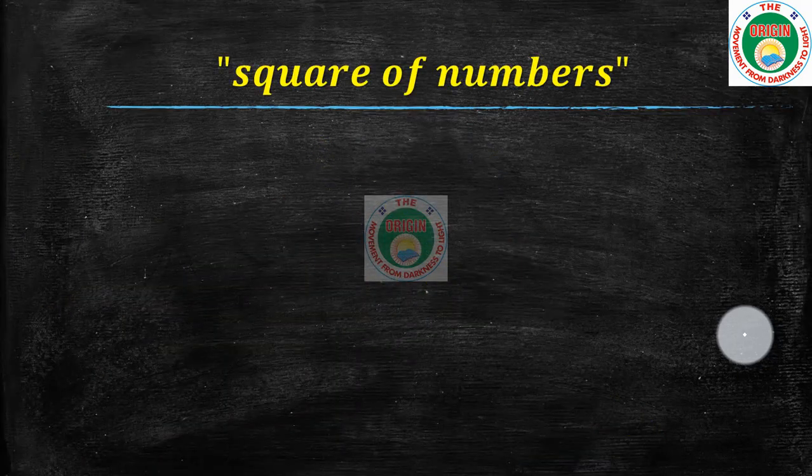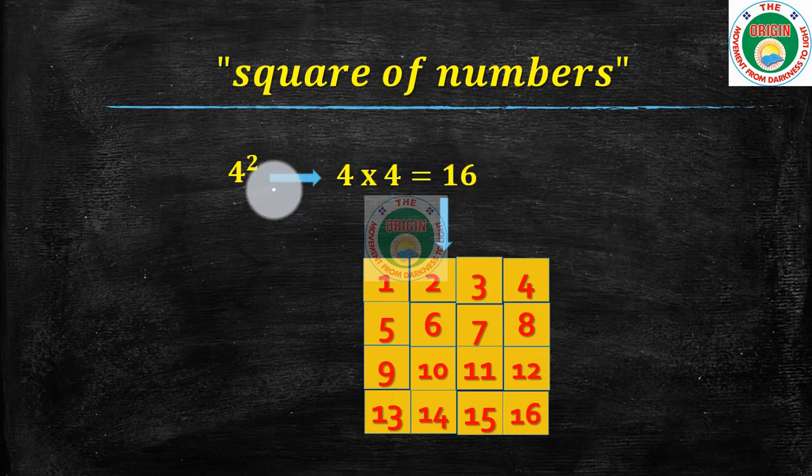Next, in the square of numbers concept, I explained the 4 square also. 4 into 4 equals 16, representing 1 to 16 like this. This is a big square, nothing but the 4 square, with 4 rows and 4 columns, 1 to 16.